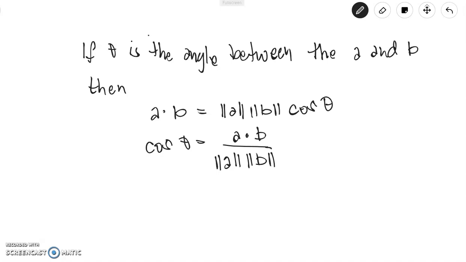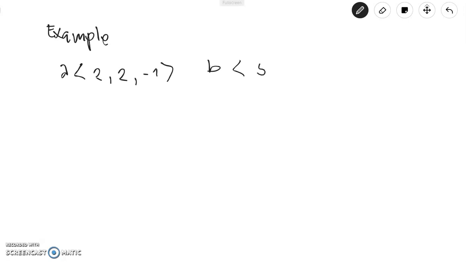Okay, so for example, given A equals 2, 2, and negative 1, and vector B equals 5, negative 3, and 2.